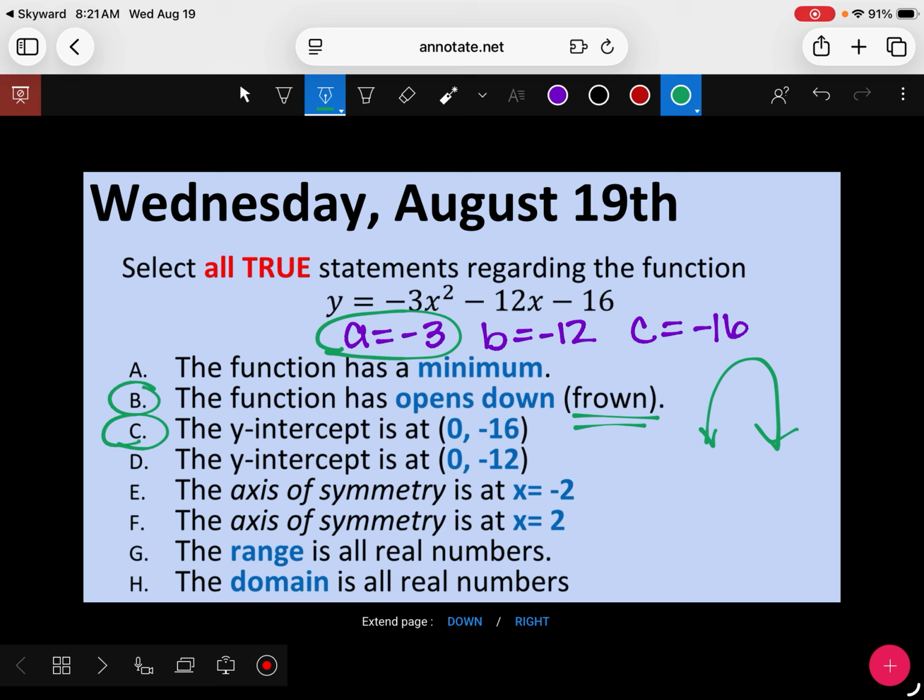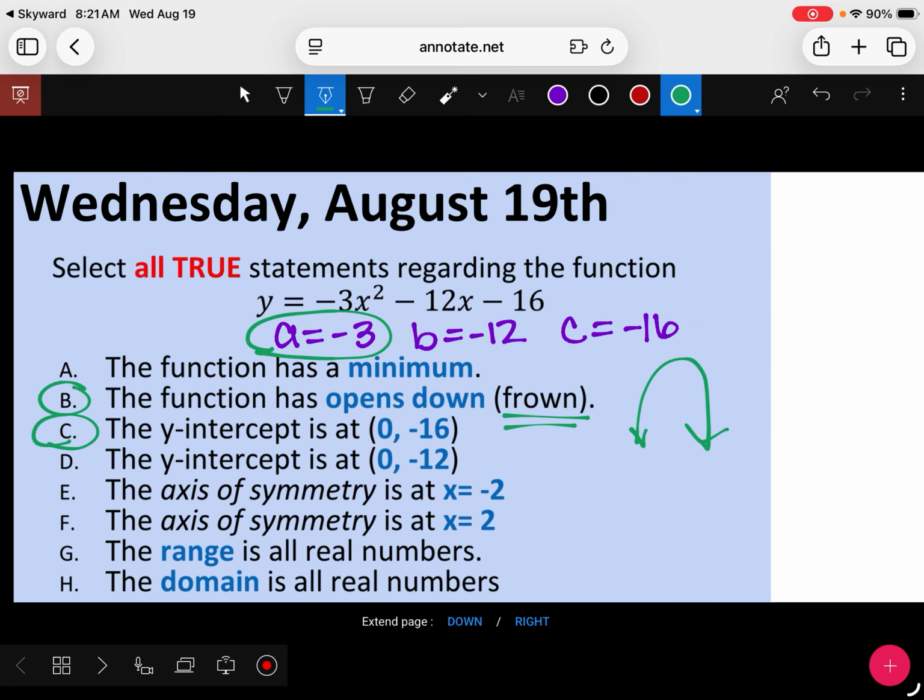All right, axis of symmetry. This is where we struggle. So the equation is x equals, and it's the opposite of B. So if B is -12, it's going to change to a +12.